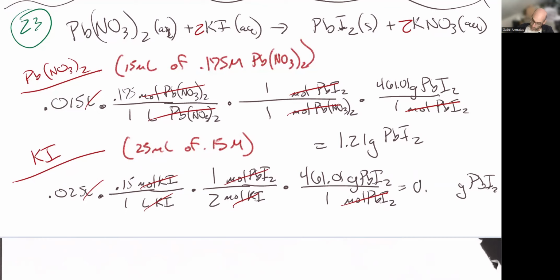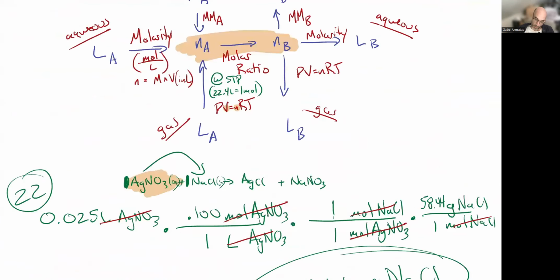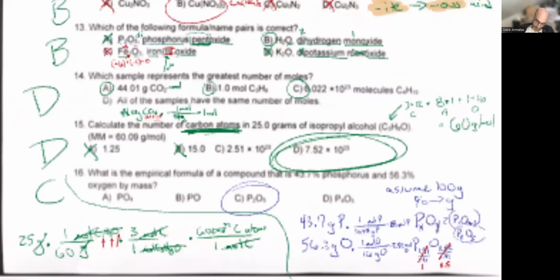I end up with 0.864 grams. So out of these two, the 0.864 grams of lead iodide, that's the limiting reagent. So that's the maximum allowed, because there's no way I can produce 1 gram of lead iodide if I only have enough to produce 0.864. So 0.864 is what we're looking at.